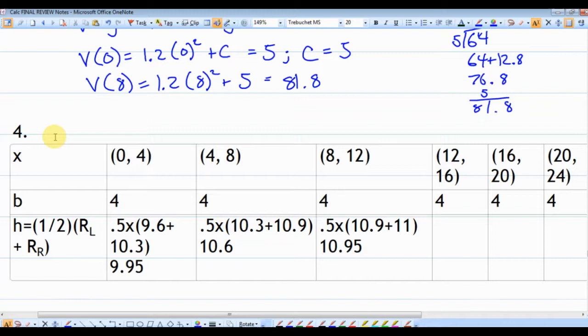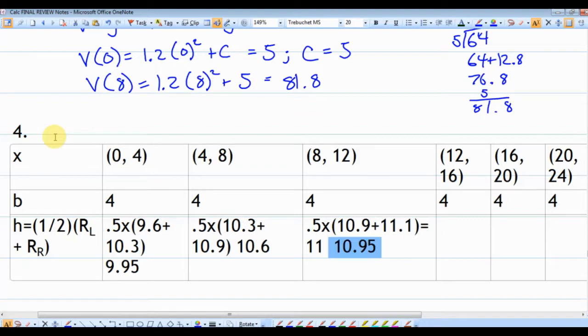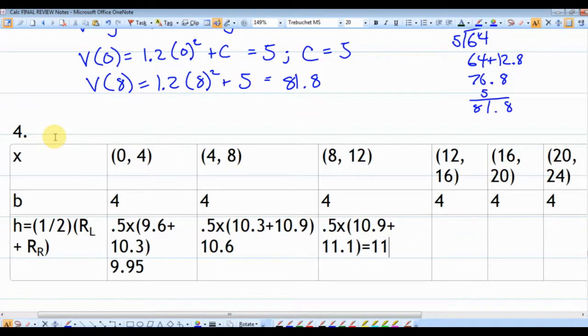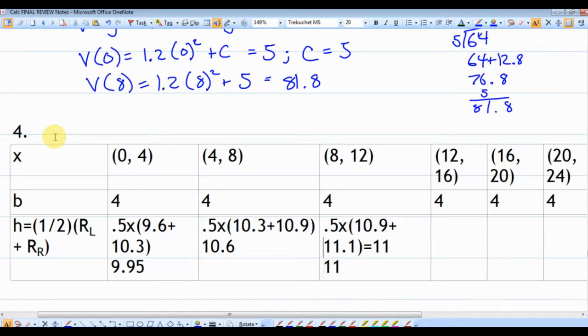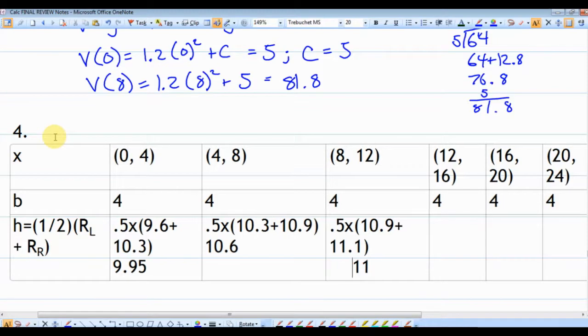I feel like my chart's going to run out of room here. It's 11.1? Crud. So it's just 11, right? I'm getting worried about my chart. We better just do the rest of these.